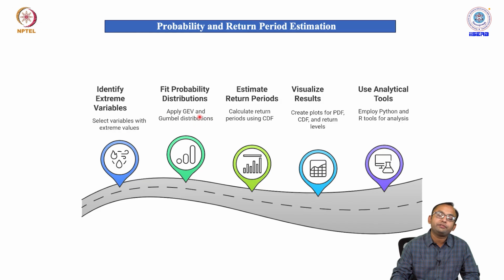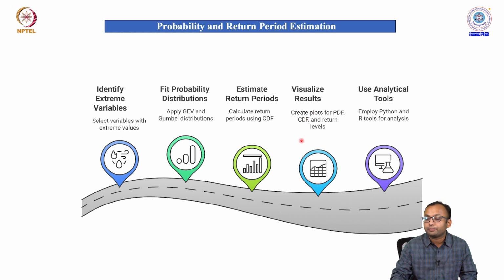It could be GEV, Gumbel, Pearson, Weibull and so on, and then you start estimating the return periods from the fitted distribution, which can be calculated using the CDF. Once it is done, you can calculate the return period estimates from that fitted probability distribution function. Then you start visualizing the results.